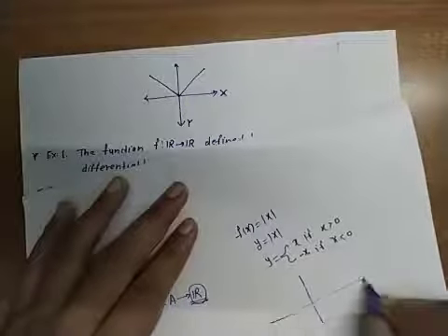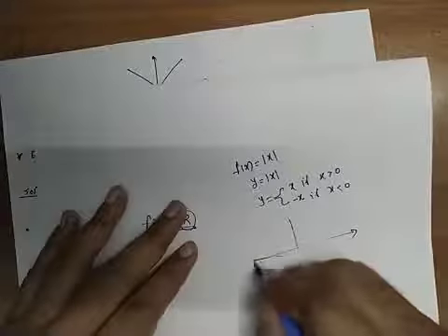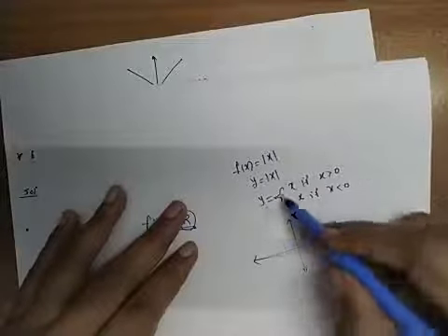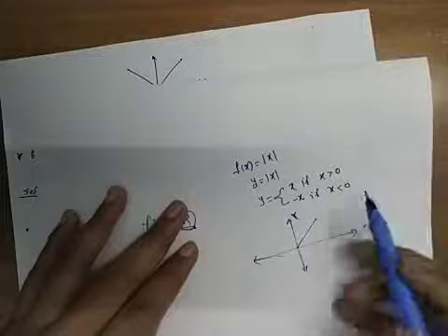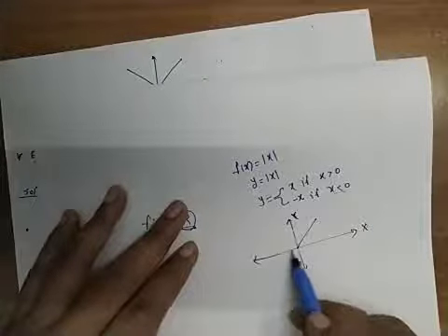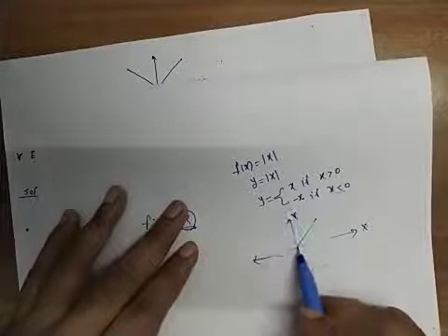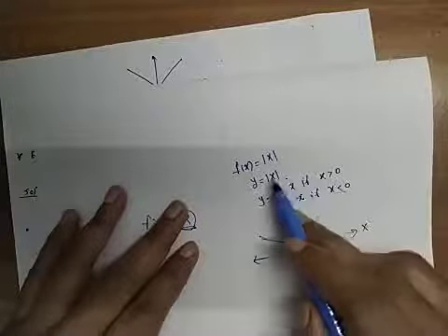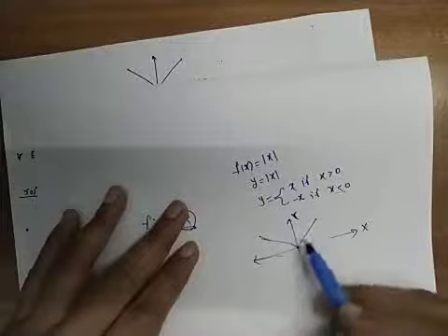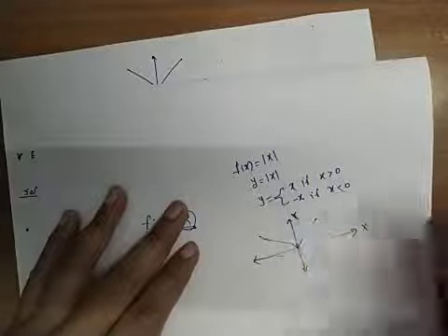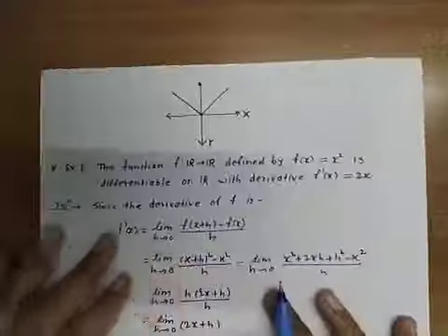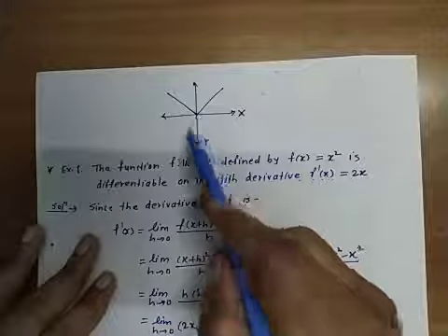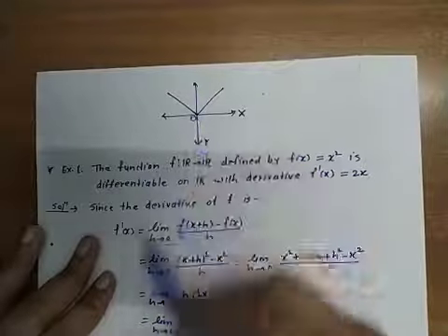When x is positive, y is equal to x, and this is its graph. When x is negative, y is equal to minus x, and this is its graph. At x equal to 0, it will be 0. So this is the graph of y equal to mod x. Now at this point 0 it has a sharp corner, so the function is not differentiable at 0.